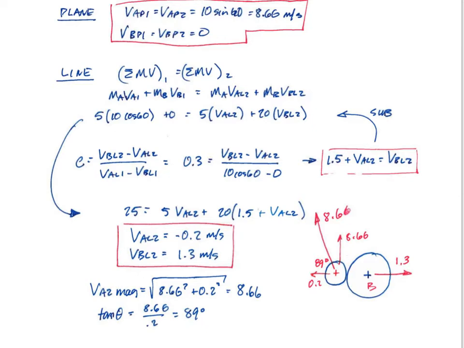So the square root of the sum of the squares yields a magnitude of 8.66 with an angle of 89 degrees. VB only has motion in the line, and so it's going to go straight in this direction at 1.3 meters per second.